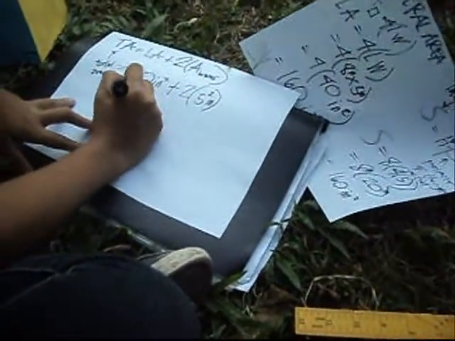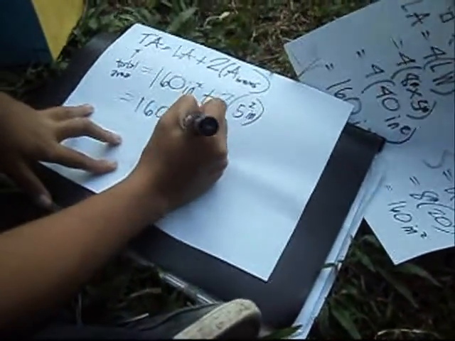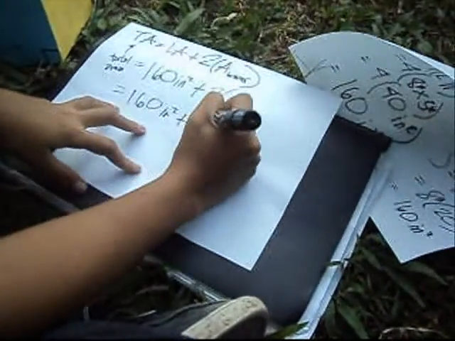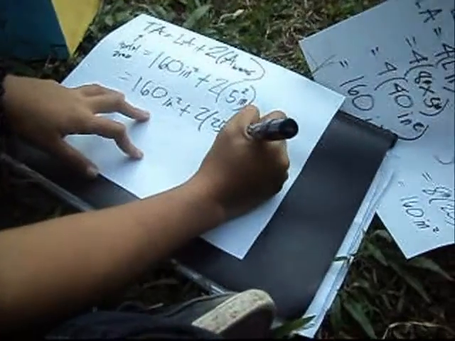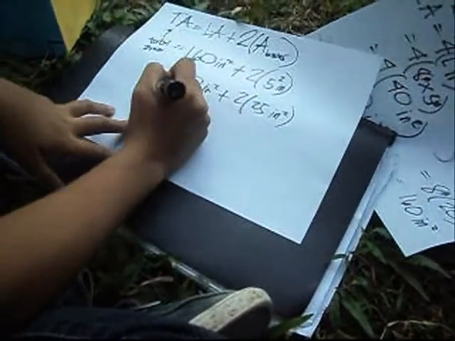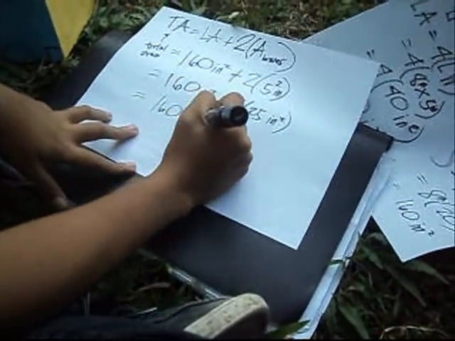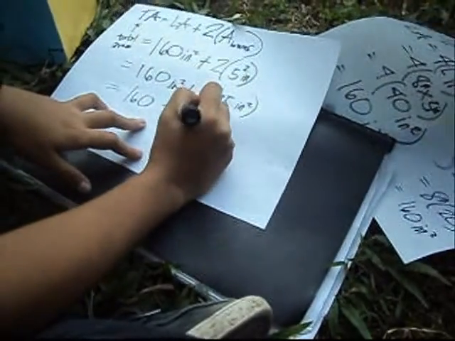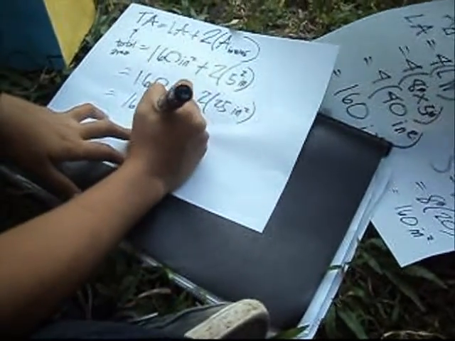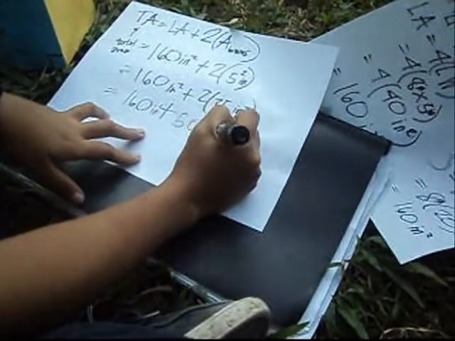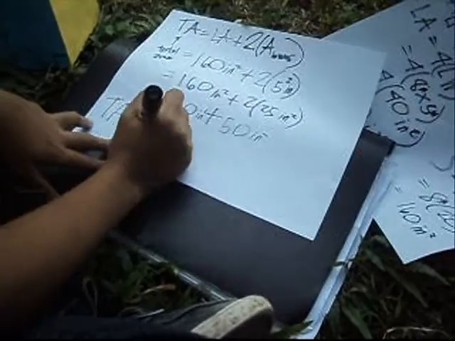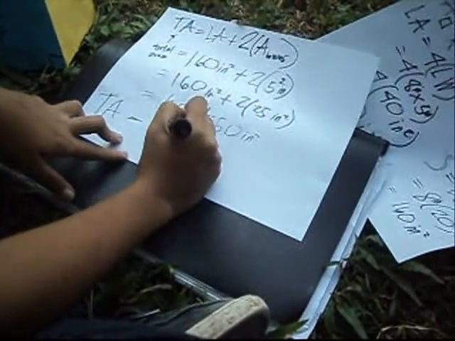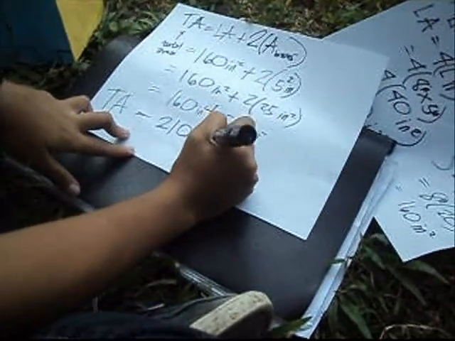Then 160 inches squared plus 2 times 25 inches squared is equal to 160 plus 50 inches squared. The total area is equal to 210 inches squared.